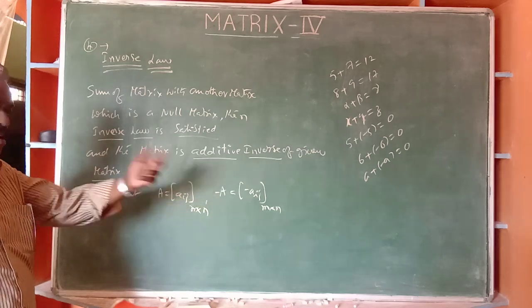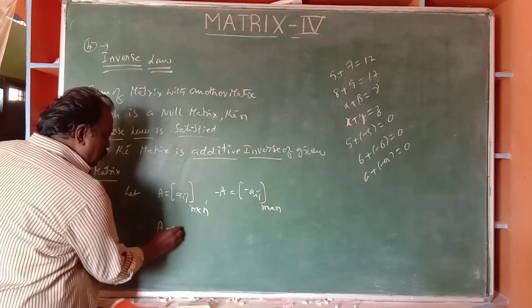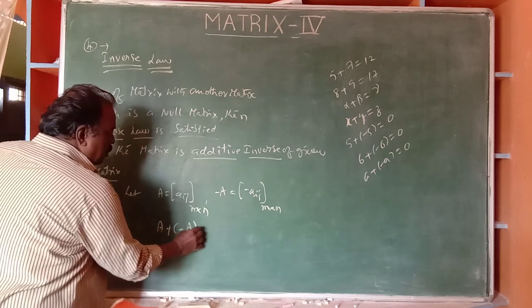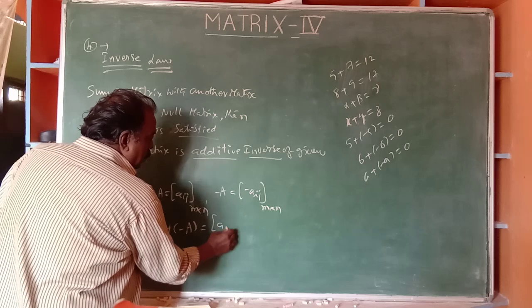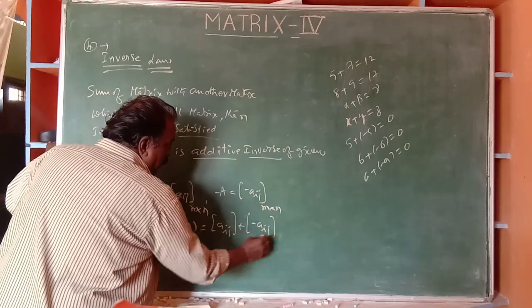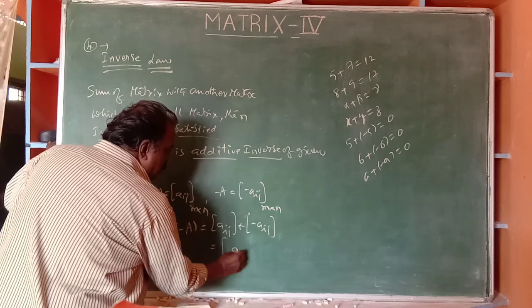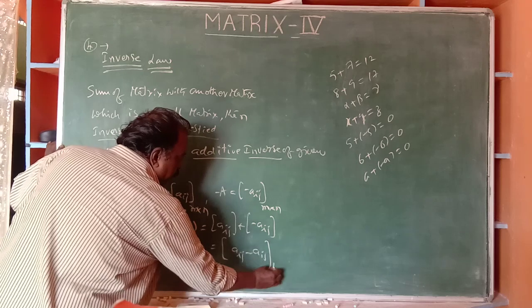It is a negative matrix. You see, A plus minus A will give Aj plus minus Aj, which is Aj minus Aj.